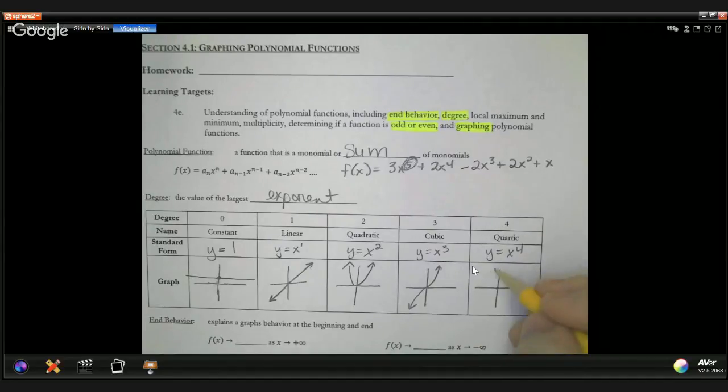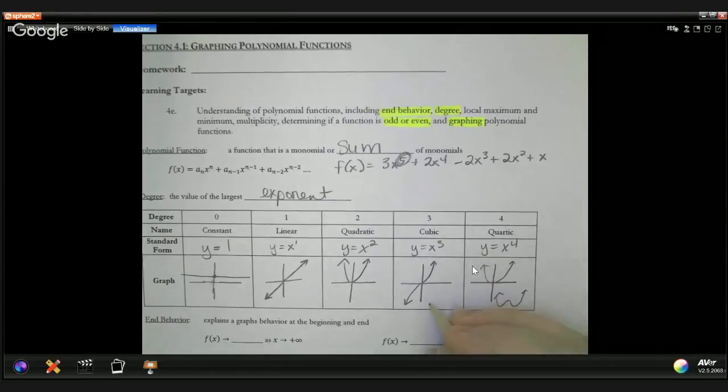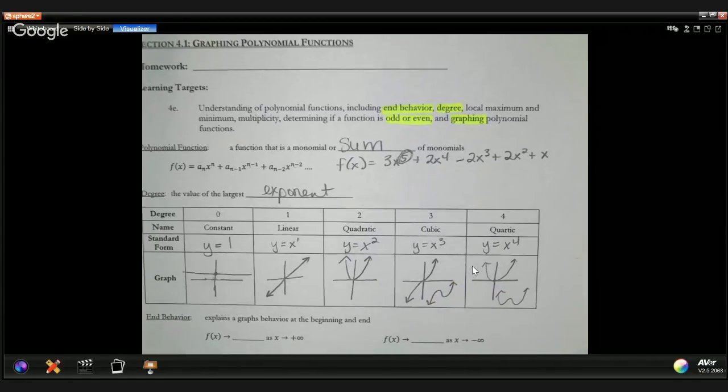Okay, but a quartic is going to be a little different because you can't see it, but it actually turns a couple times. What happens with the quartic is that it has 4 turns, 1, 2, 3, 4. The parent one you can't see. A cubic has 3 turns, 1, 2, 3. So depending on the degree, that's how many turns we have.